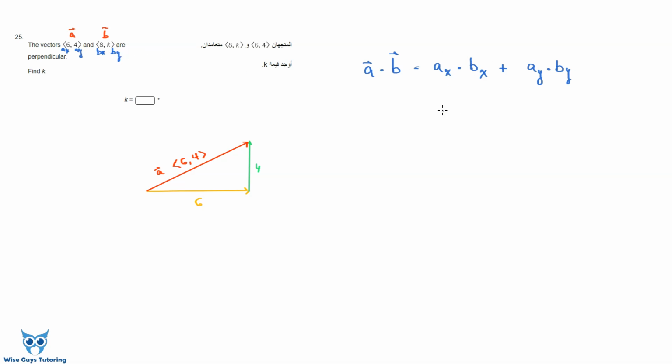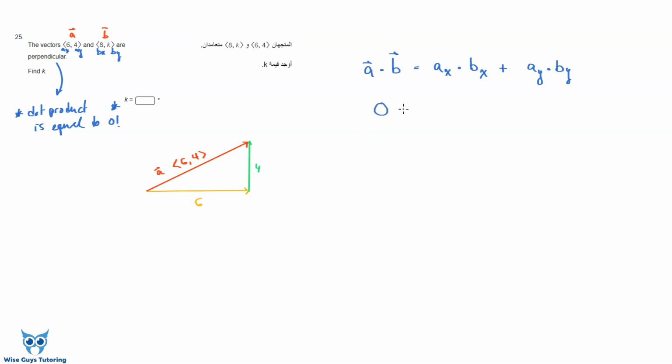This is called the dot product or scalar product. And when two vectors are perpendicular, okay, the scalar product or the dot product is equal to 0. Okay? So that's how we're going to solve this. Knowing this property, this dot product should be equal to 0.